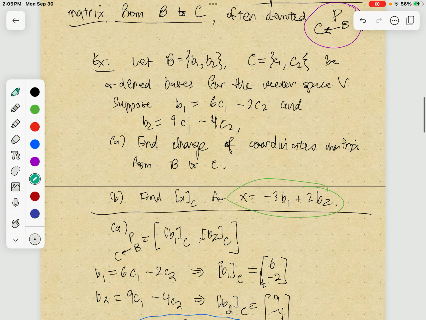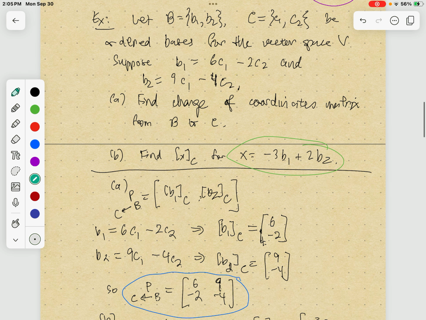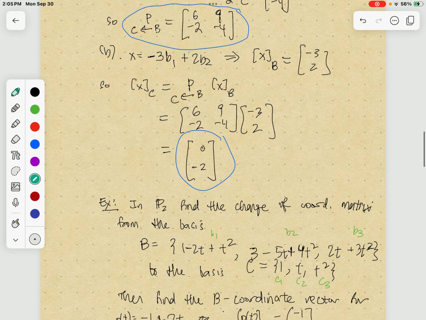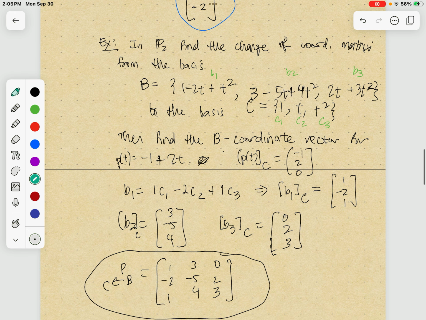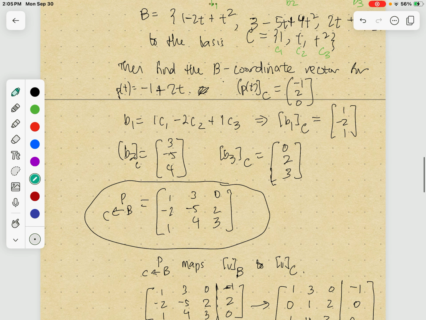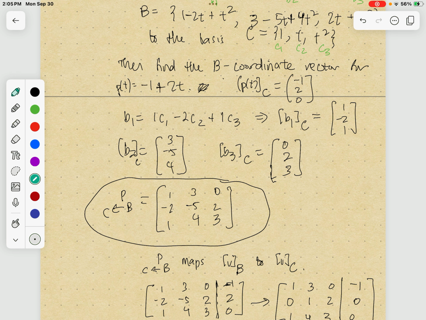Okay, and then we did some concrete examples. The first example is easy, it just follows from the definition. And then the second example was a bit more involved. It's not too much more involved, but basically we did an example where you go back, right? We found the b coordinate vector given a polynomial by first finding the c coordinate and then using the change of basis matrix.